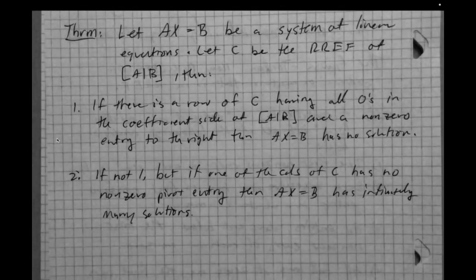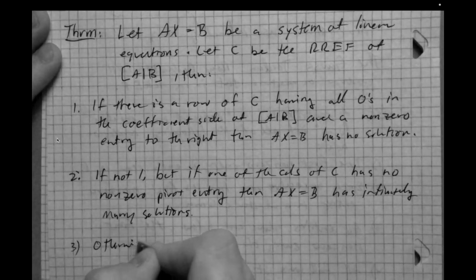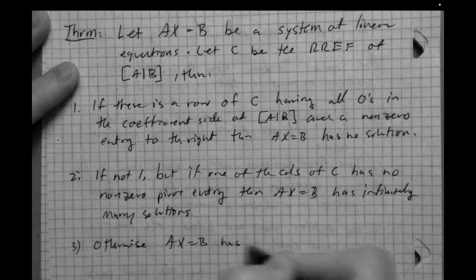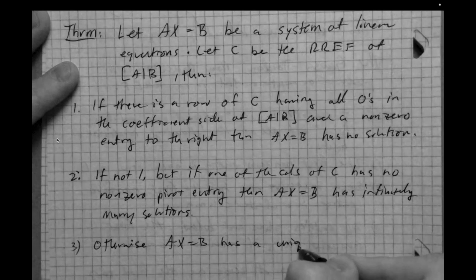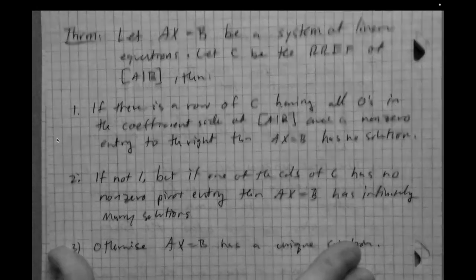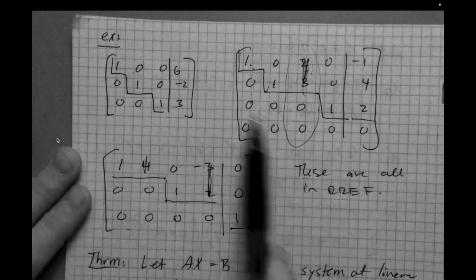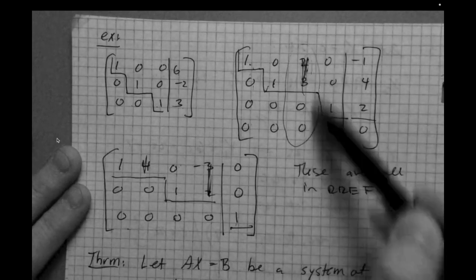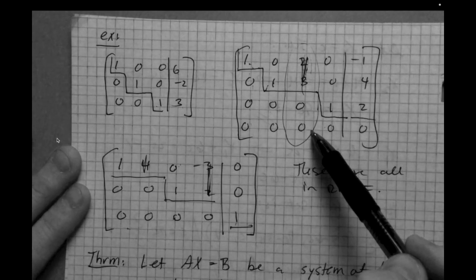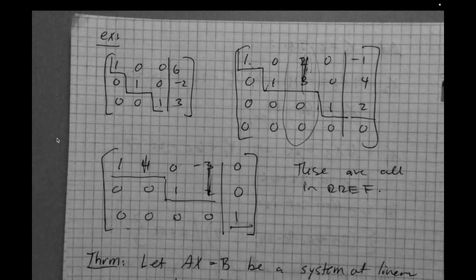Okay, and then condition 3, otherwise, AX equals B has a unique solution. Otherwise you're going to have a situation like this, right? Otherwise means that we're not going to have any column without a pivot, and that's going to mean you're going to have a perfect stair-step situation like this.